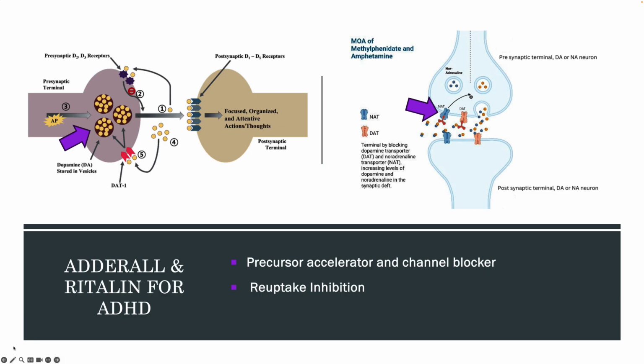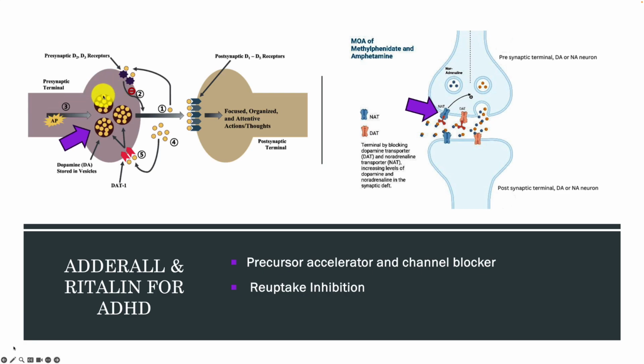So if we look at the slide here, we can see a presynaptic terminal and a postsynaptic terminal, and we can see that these vesicles are filled with dopamine, right? And we know that Adderall is a precursor accelerator. So Adderall, which is a very typical drug that is given for people with attention deficit disorders, is going to accelerate and assist with dopamine production, right?